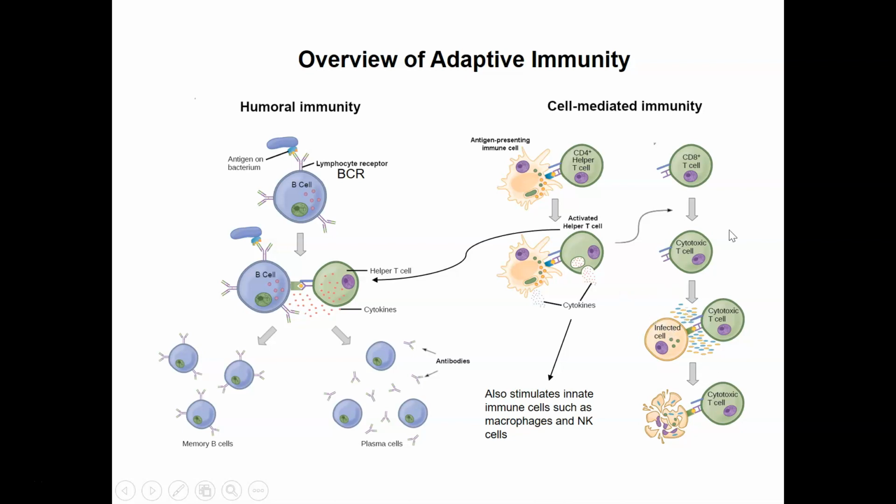Okay? So 2 of the topics have to deal with things on this slide. One is the central importance of the helper T cells doing all of these different stimuli for the immune system in general. And the other is antibodies. What are they doing? So let's start with the helper T cells first.